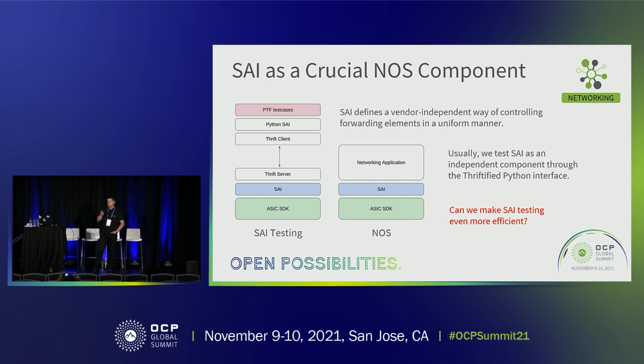We link the Thrift server together with the SAI library. Then we have this interface, the client part that exposes some kind of Python interface. And you know, it works pretty well on API level. The question is whether we can do something more, whether we can do it even more efficiently on application level.